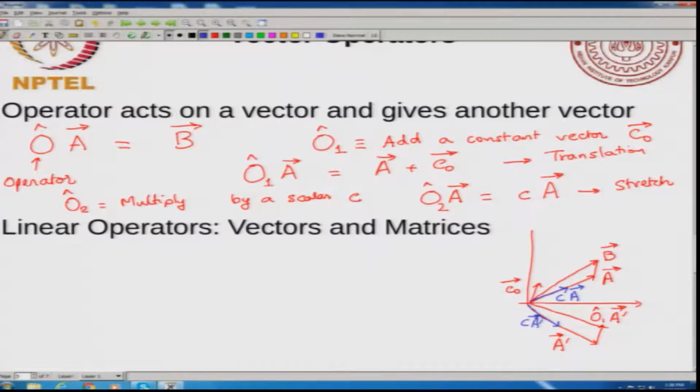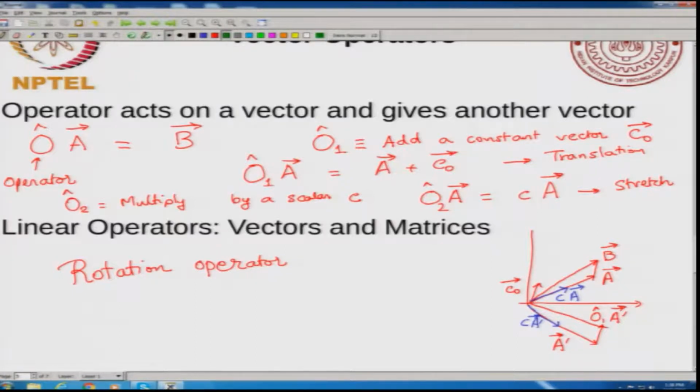Now, you can have other operators. You can imagine an operator that does something called a rotation. It can take a vector and rotate it by some angle. So, I will write it here, rotation operators. I will come back to linear operators in a few minutes. I will show this in green.